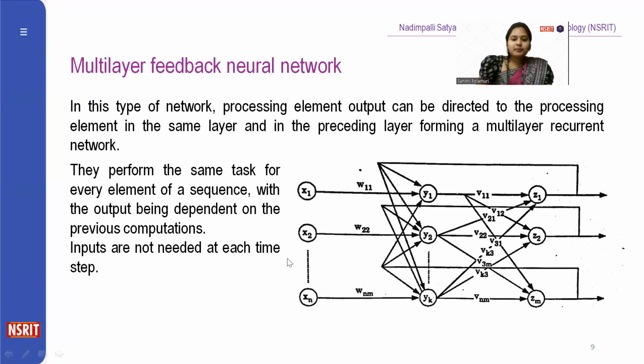So what will happen here is, in the input layer, input will be given. In the hidden layers, all the information will get processed, and then from the output layer, the output will be given. After that, that information will travel back to the previous layers or within the same layer itself, and then again retraining is done.